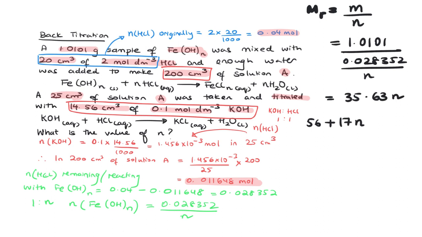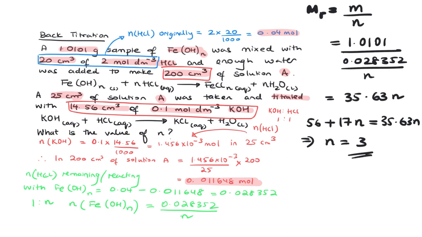So n is equal to 35.63 n, and after rearranging that, we end up getting a value of 3 for n.